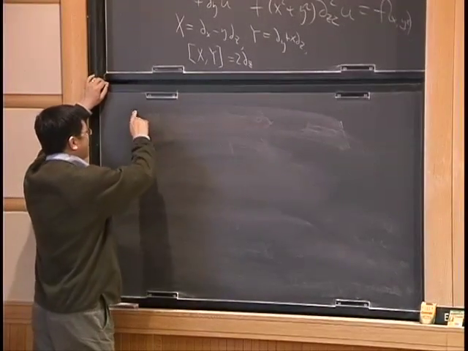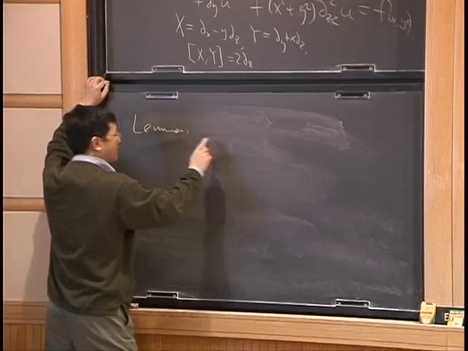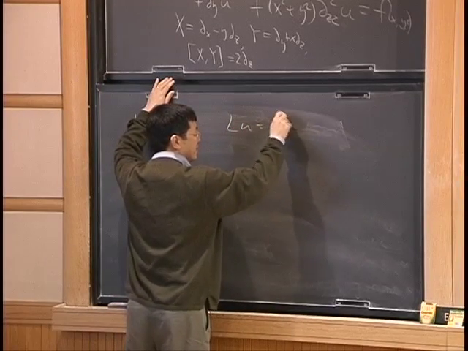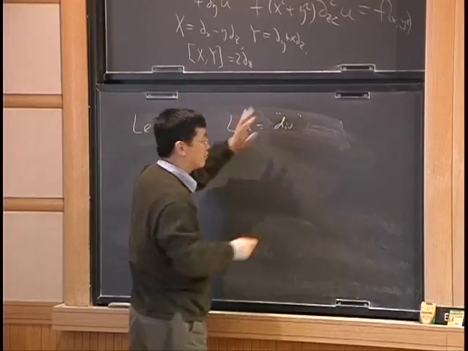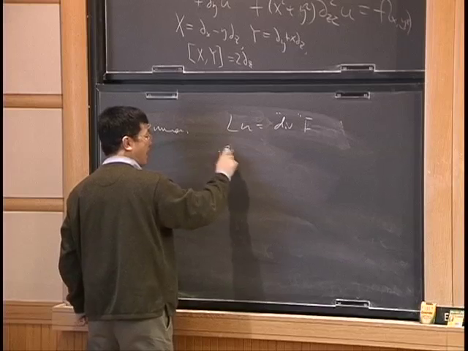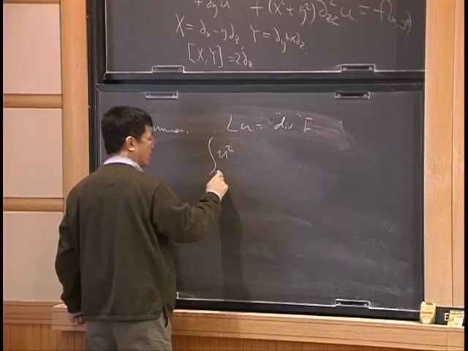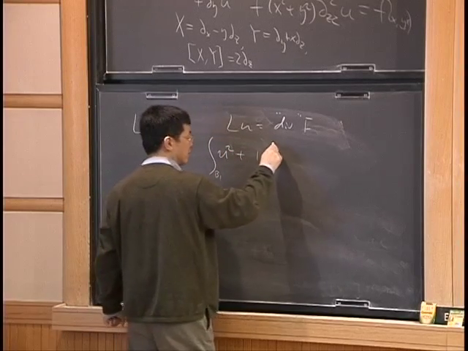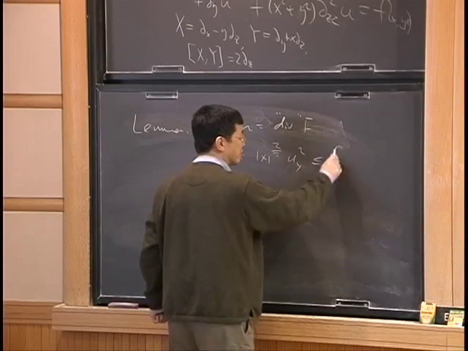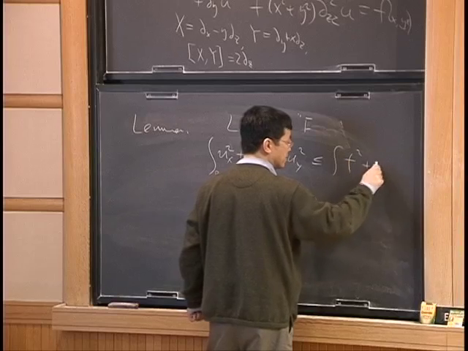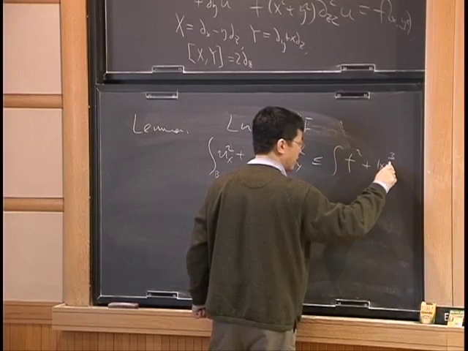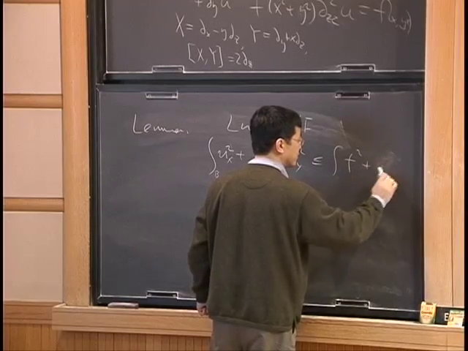So lemma 1 is pretty easy. L U equals, say, let me call that, controllable divergence of F. Then everybody can compute this. On this ball, 1 plus x to the 2/pi times u_y squared is less or equal to f squared plus x to the 2/pi g squared.